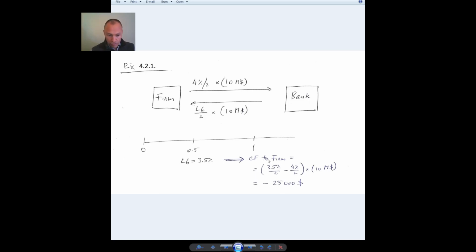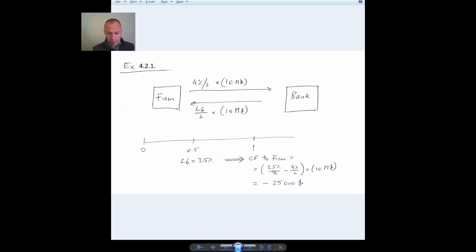So the cash flow to the firm, where the firm is paying fixed and receiving floating, is positive for the one that's coming in, the floating, 3.5, and negative for the fixed that is going out, which is 4%. Okay? So times the notional gives us an amount of $25,000. Negative, meaning that the money is going from the firm to the bank. Okay? Only this net amount is paid.